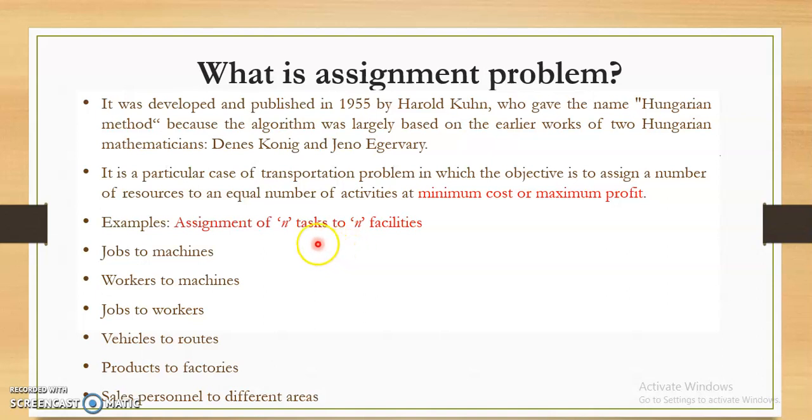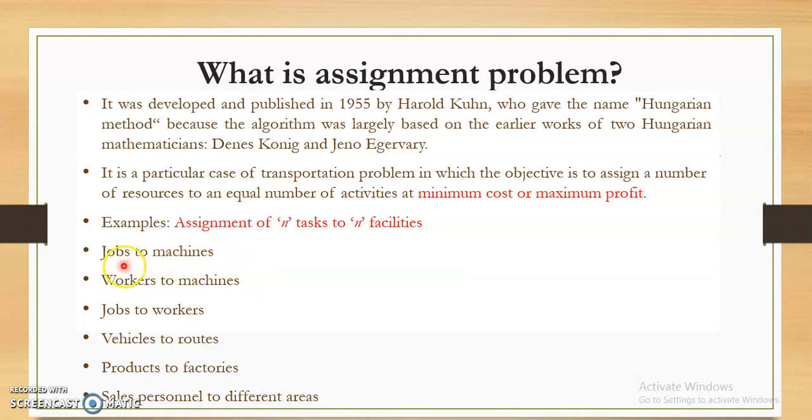So we note here that the Hungarian assignment method is applicable only to a square matrix, that is, balanced assignment problems. Where does the problem of assignment arise? These are the examples.